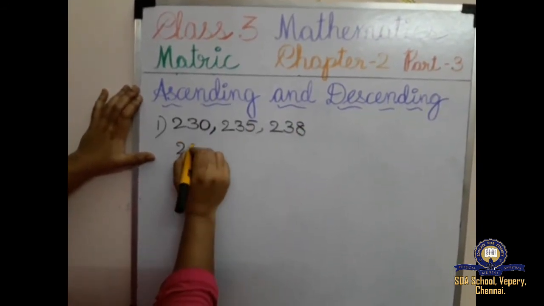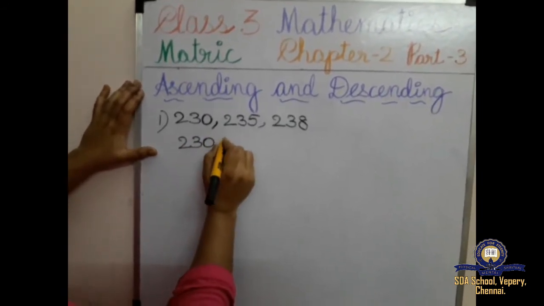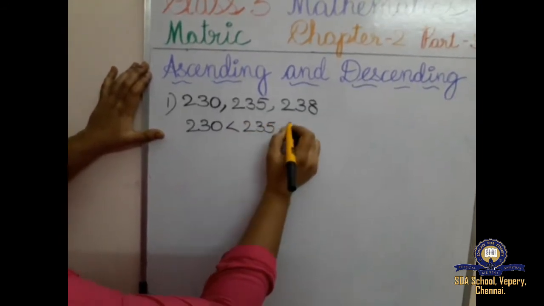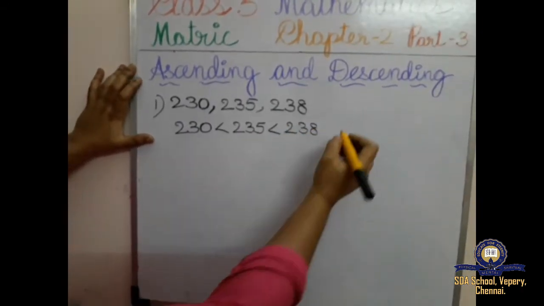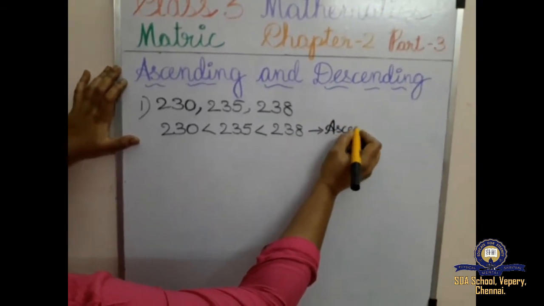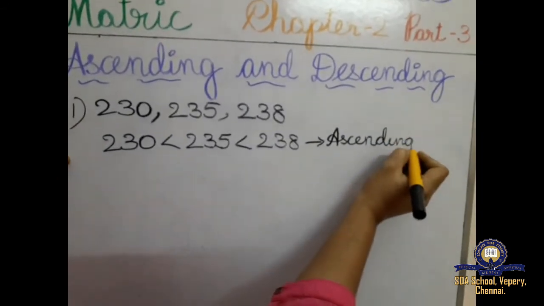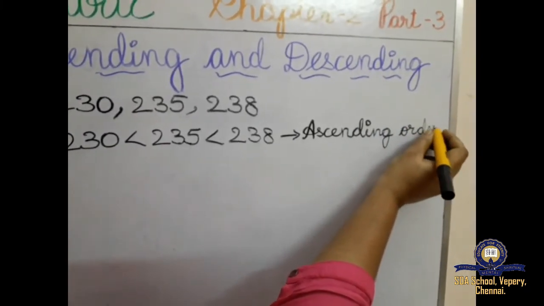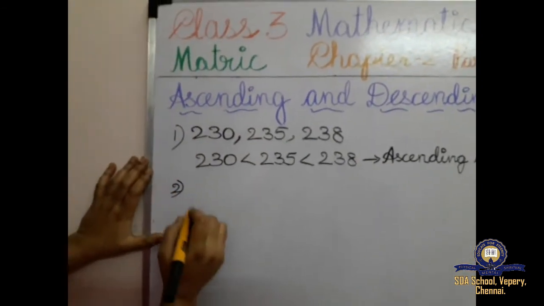So we have to write as 230 less than 235 less than 238. So this is ascending order. A-S-C-E-N-D-I-N-G. Ascending order. O-R-D-E-R. Order.